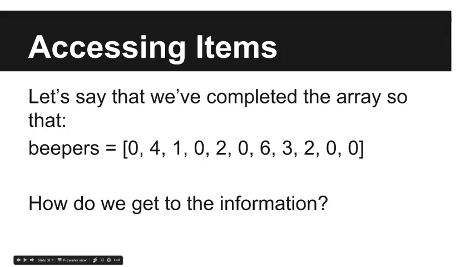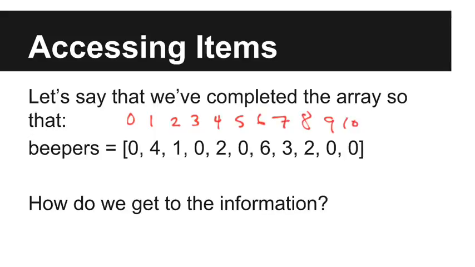All right. So how do we actually access information? What we have for an array are indices. So this is 0, 1, 2, 3, 4, 5, 6, 7, 8, 9, 10. Did I count that right? Looks like it. If we wanted to pull out the 2, what we'd say is beepers, 2.